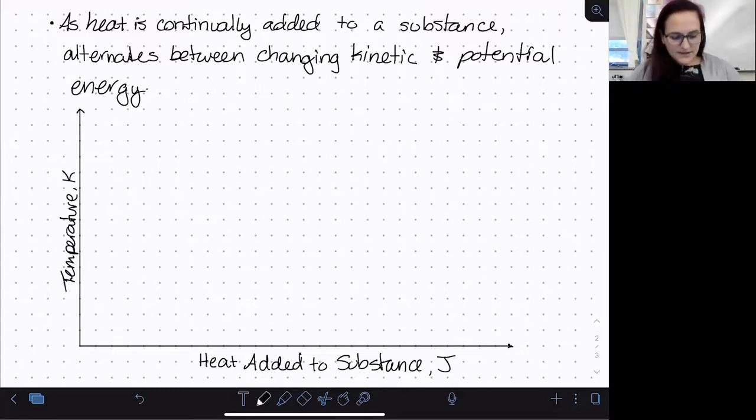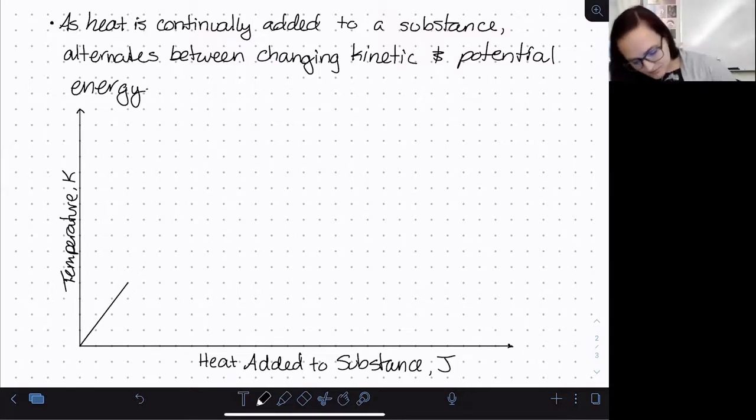So what we would see is that if we're starting very, very cold here, the first chunk of heat we add, our temperature increases gradually until some point where it levels off for a little while. Then our temperature begins to increase again.